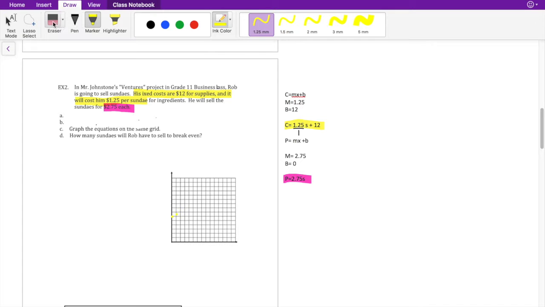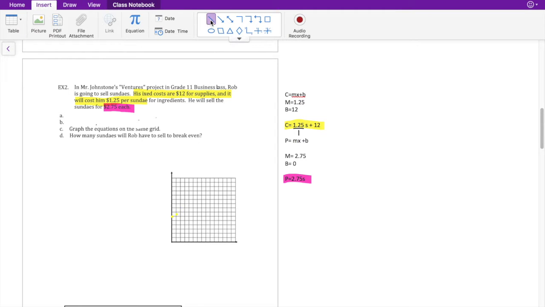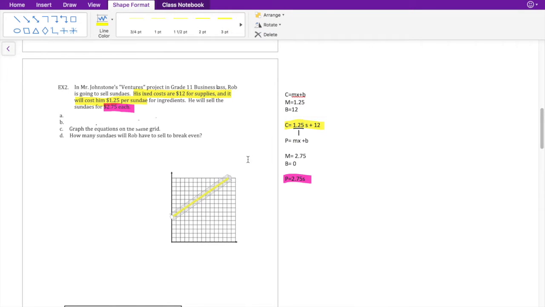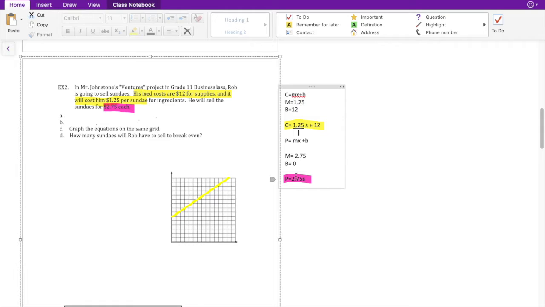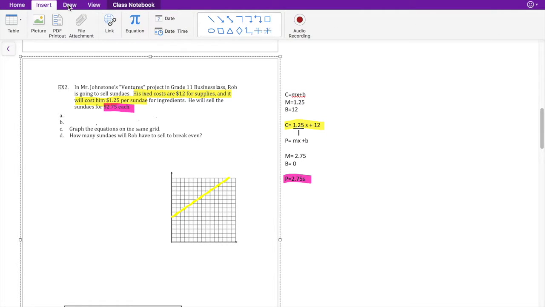So it's going to be something like that. And once we have that, we are going to put our line on using those 2 dots. Look at that. Boom.